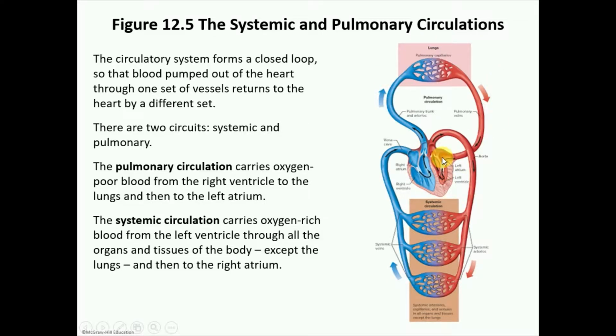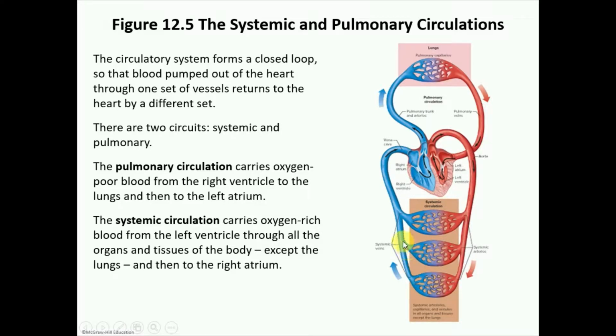The systemic circulation would start here in the left ventricle, where you pump that oxygenated blood into the rest of the body, and all of the cells will take up the oxygen and utilize it for whatever function it's doing.